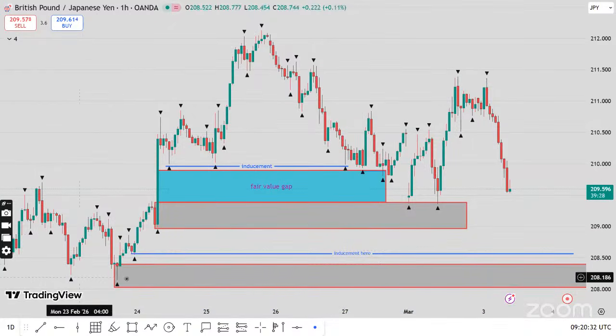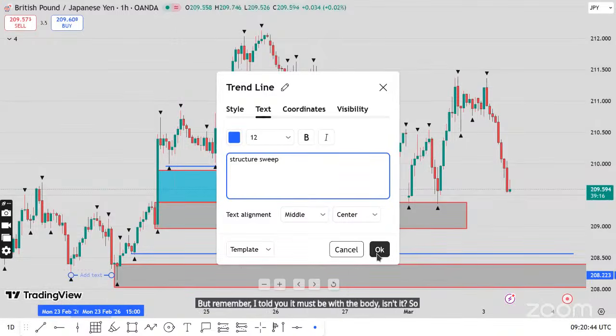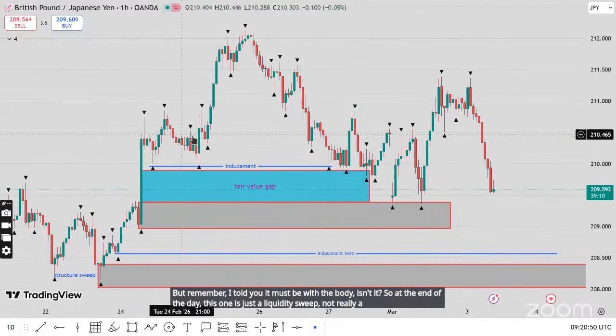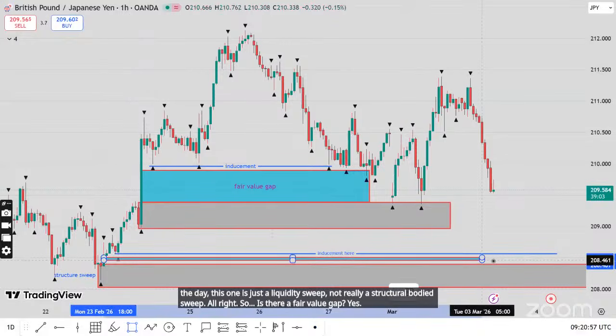We have structure sweep. But remember, I told you it must be with a body, isn't it? So at the end of the day, this one is just a liquidity sweep, not really a structure bodied sweep, all right? So is there a fair value gap? Yes, so we have a fair value gap.